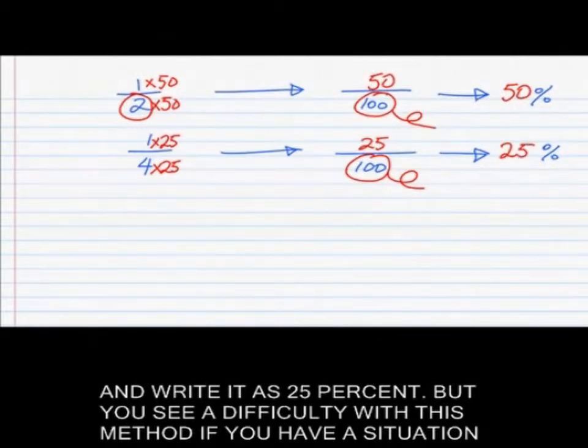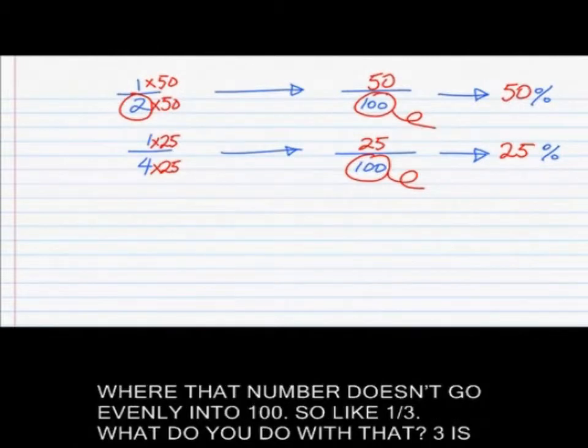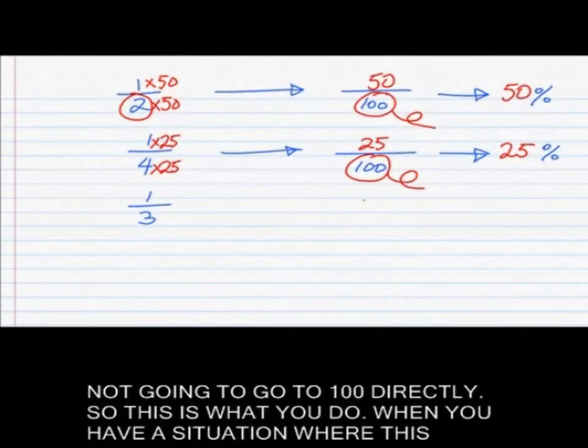But you see a difficulty with this method if you have a situation where that number doesn't go evenly into 100, something like 1/3. What do you do with that? 3 is not going to go into 100 directly. So this is what you do.